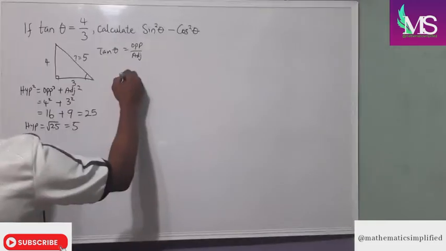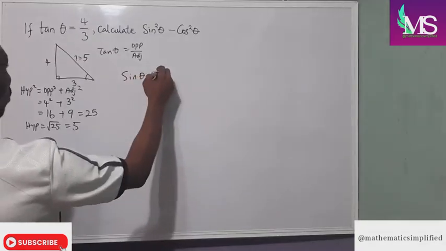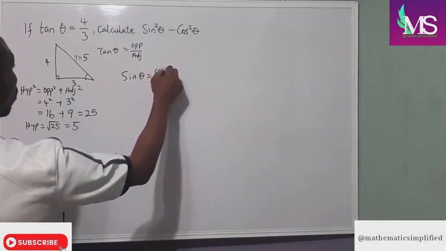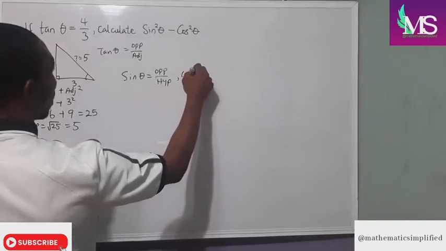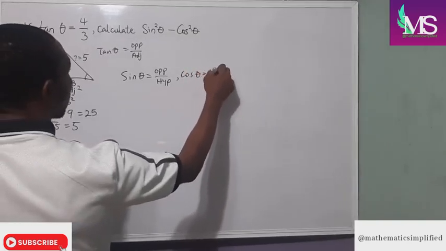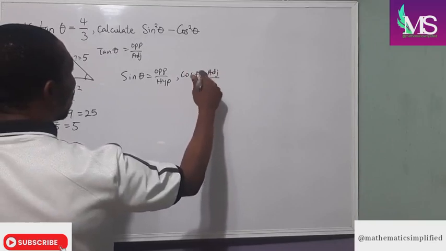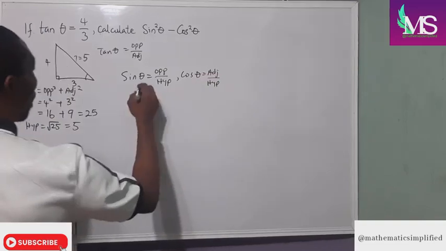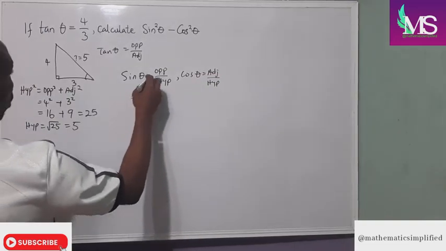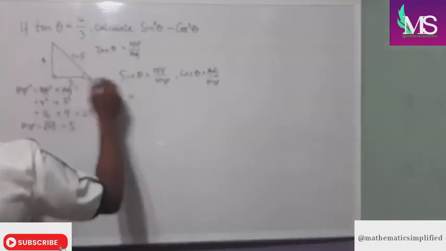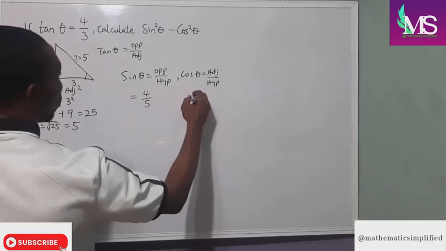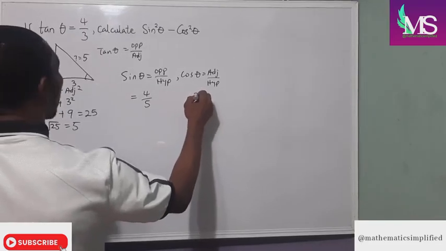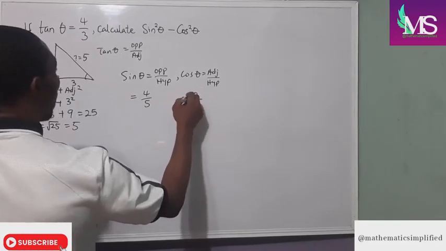Sine theta equals opposite over hypotenuse, and cos theta equals adjacent over hypotenuse. Now our sine theta is 4 over 5, and cos theta is 3 over 5.